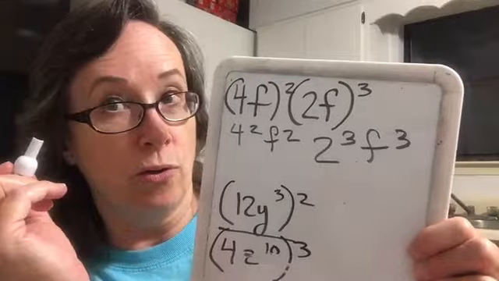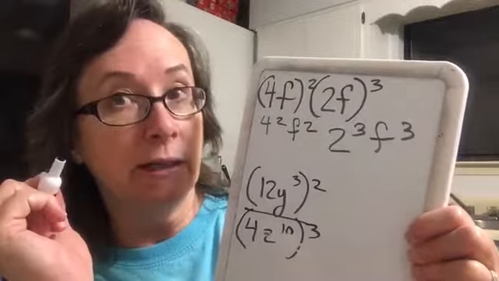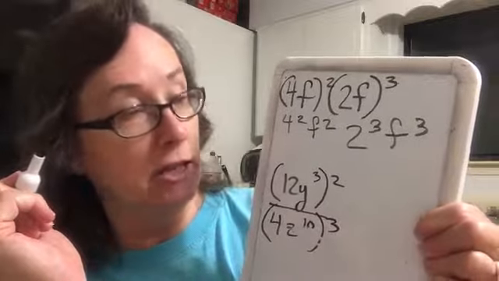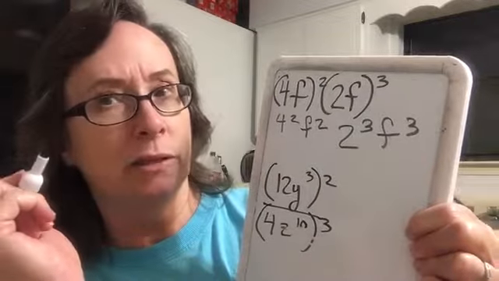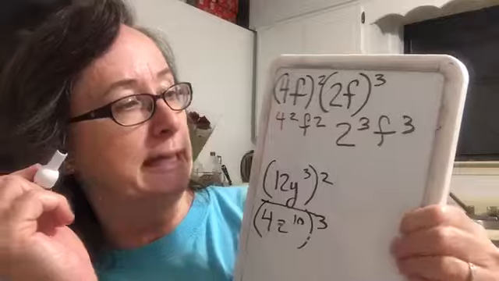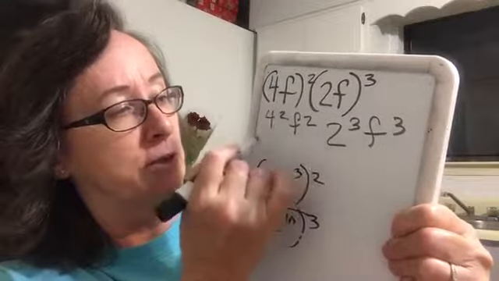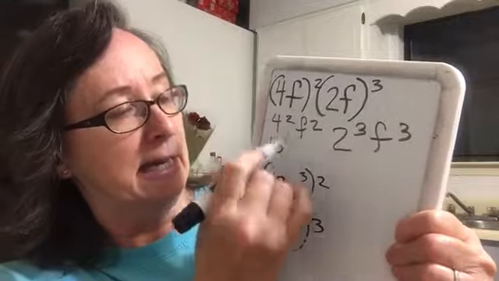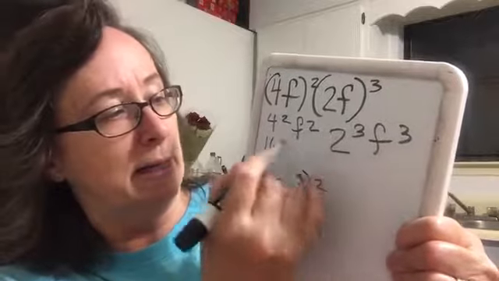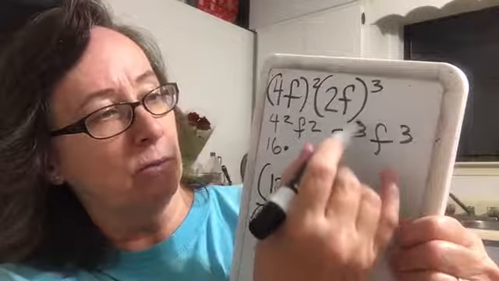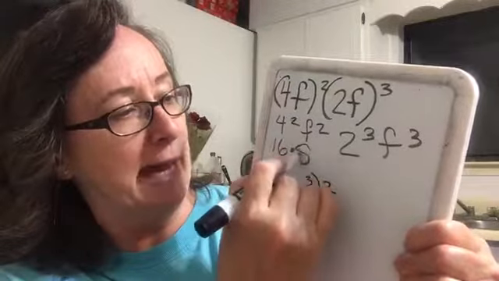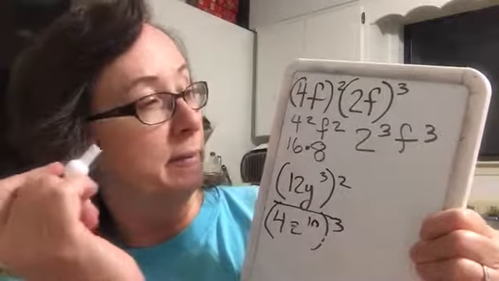Okay, so because of the commutative property of multiplication, which says I can multiply in any order I please, I'm going to make the 4 squared a 16, and I'm going to join it by multiplication with the 2 cubed, which is 8, and we'll work that out in a minute.